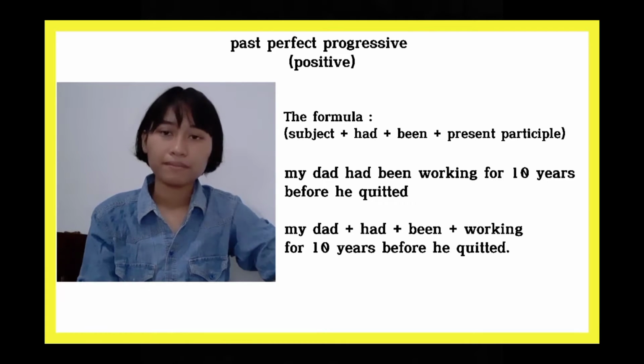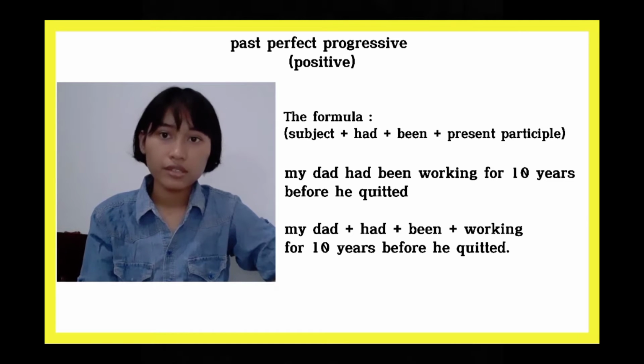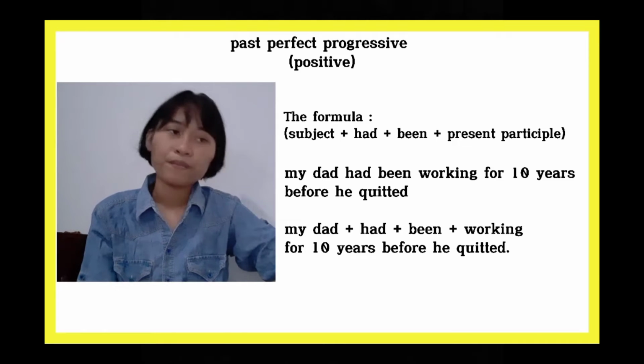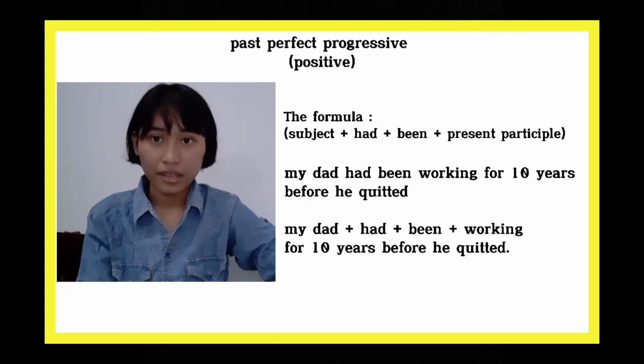For example, my dad had been working for 10 years before he quit it. So let's break down the sentence first. My dad is the subject, plus had, plus been, plus working.